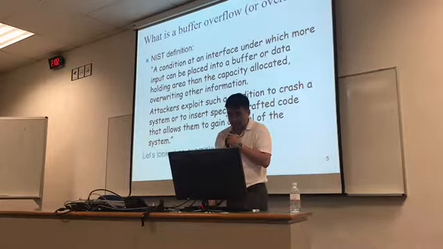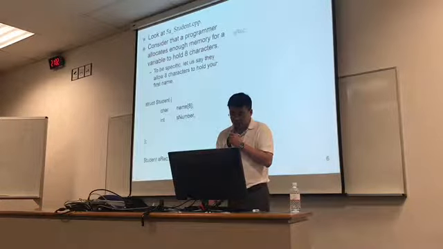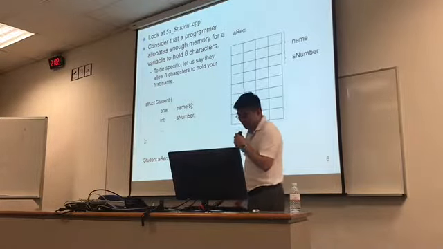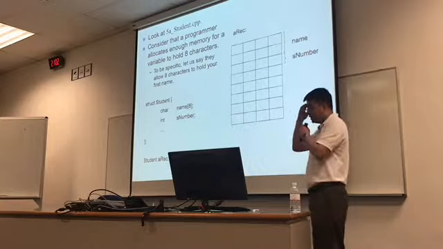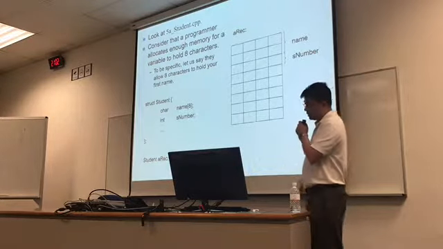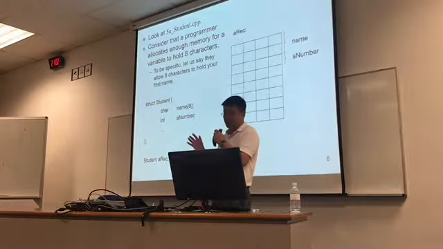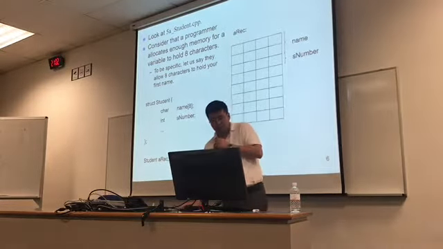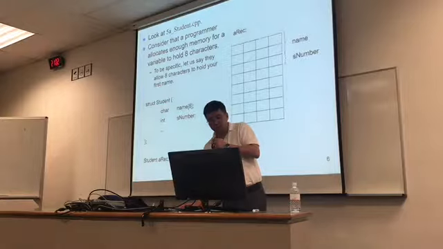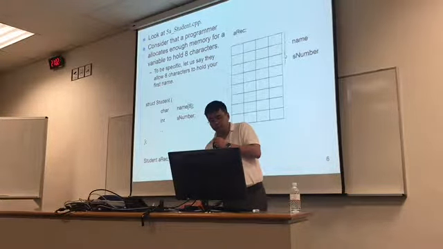Inside the memory, right? So let's first look at a simple example about the buffer and the buffer overflow. This simple example illustrates the basic idea, but the more advanced attacks are not as simple as this one. Now you have a defined structure, and inside the structure you have two variables. One is a character array, one is an integer.